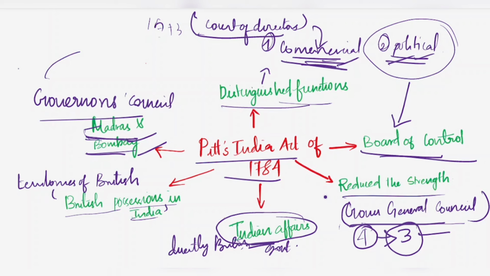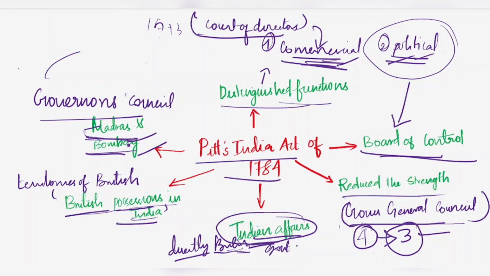This act placed Indian affairs directly under the British government, and after the enactment of Pitt's India Act of 1784, the territories of the British in India were known as the British possessions in India. And the Governor's Council in Bombay and Madras was enacted through the Pitt's India Act of 1784. These are all the provisions of this act.